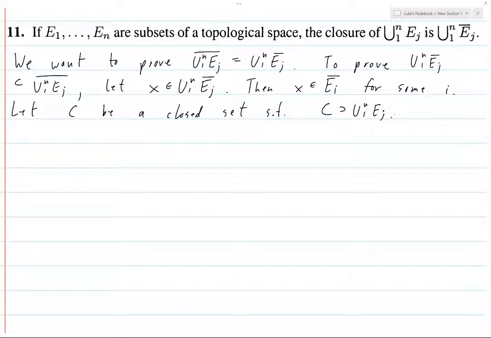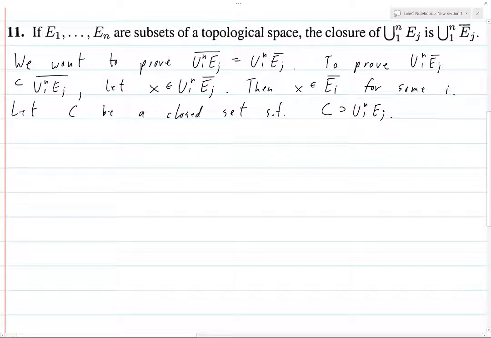If we remember the definition, the closure of a set is the intersection of all closed sets which contain that set. So we take an arbitrary closed set C which contains this union, and we want to prove that X is in C.